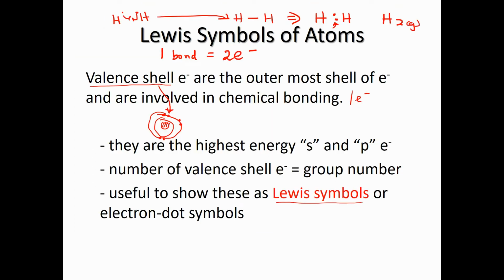Okay, so we use dots to represent electrons. By now you've realized that hydrogen will have 1 valence electron, helium will have 2 valence electrons, chlorine will have 7 valence electrons because it's in main group 7.